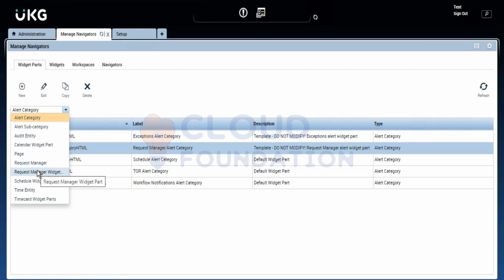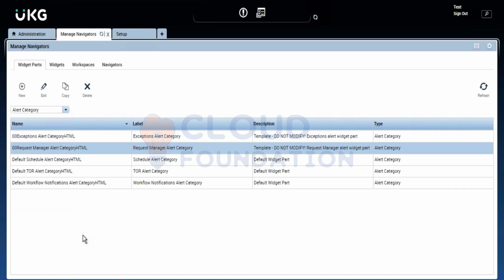Does that answer your question? Are these all different ones? Yes, these are all different categories. One is alert, which is what you see here.